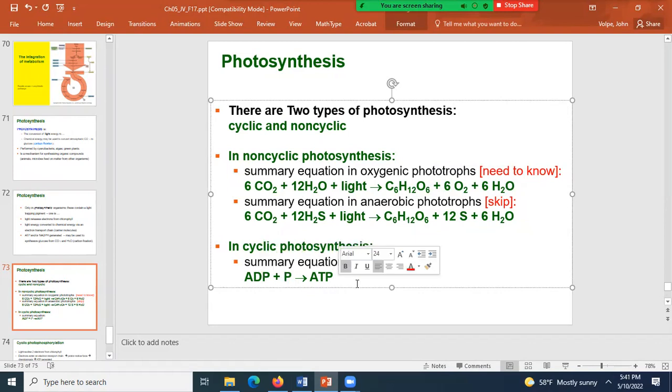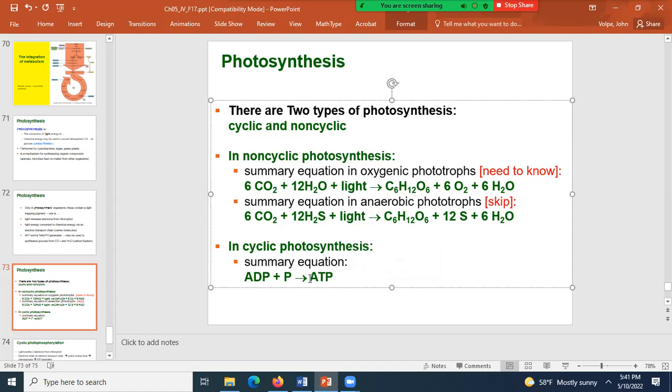Any questions about any of that? All right, if there's no questions, let's move on. Generally speaking, all cells can engage in both cyclic photosynthesis and non-cyclic photosynthesis. Like in your house plant, it has a cell.